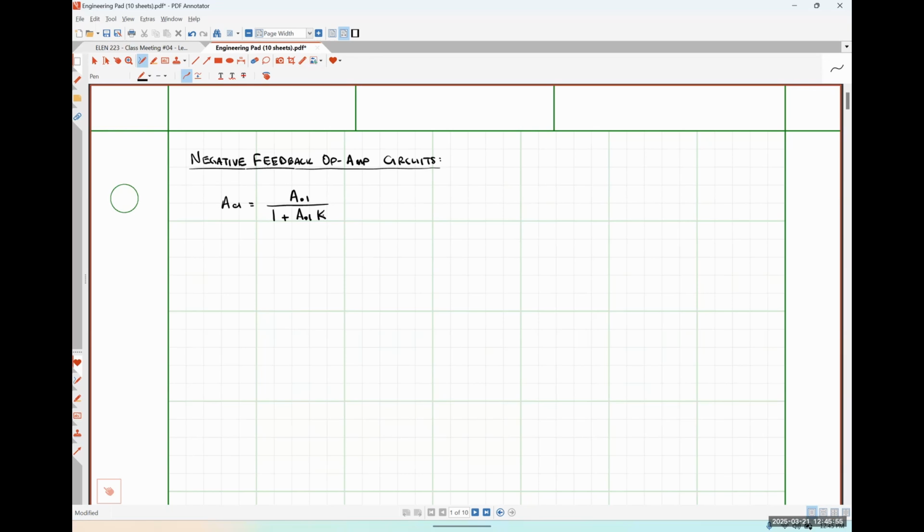So what we can see from this expression is that our closed loop gain will always be smaller than our open loop gain, right? Because we have AOL divided by a term that is 1 plus AOL times a constant term, right?